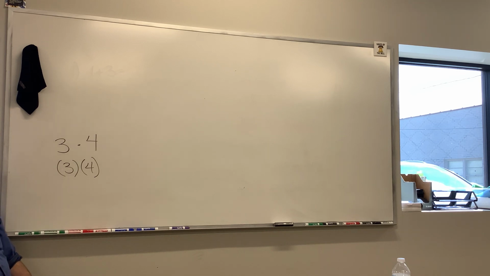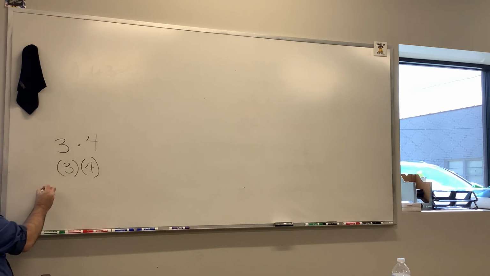The only thing with that is there is no sign in between here. There's no plus sign, there's no minus sign, there's no division sign, there's not even a multiplication sign. The parentheses mean to multiply. But as soon as you put a sign in between there, it's no longer multiplication.